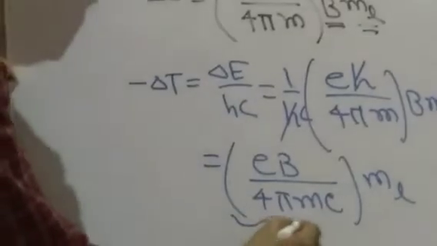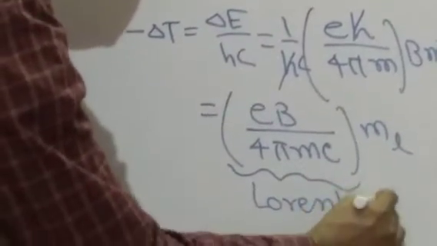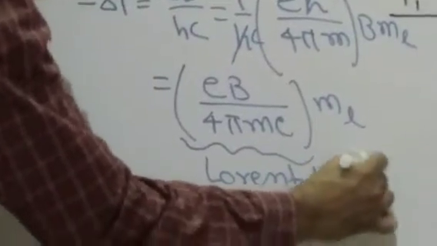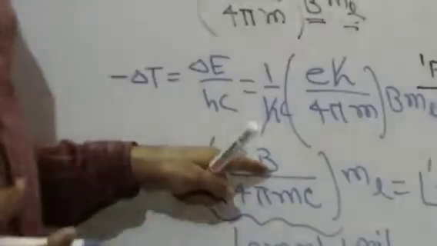This is called the Lorentz unit, or Lorentz factor, and it is denoted by L dash, times ml for a particular value of the magnetic field. This whole bracket will be constant. So the term value delta T will only depend on the value of ml.